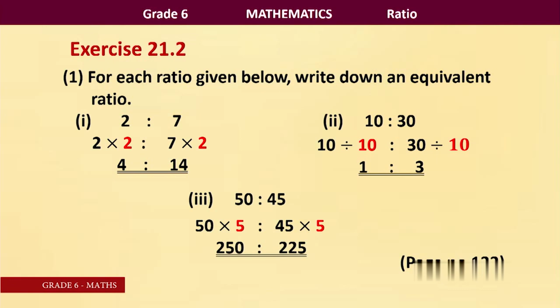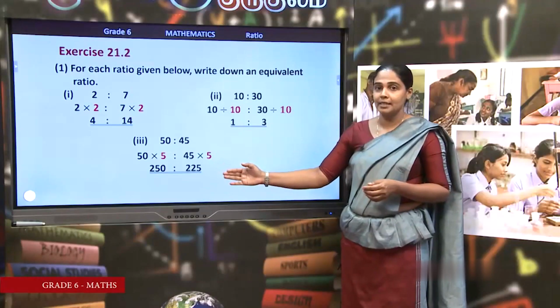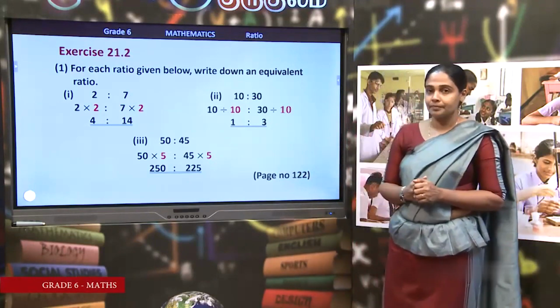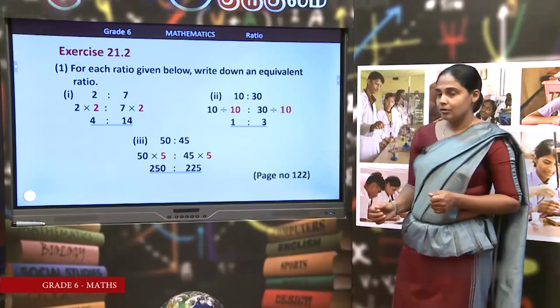But my dear kids, here you can use division because 50 and 45 are divisible by 5. If you are dividing by 5, what is your answer? 50 divided by 5 is 10. 45 divided by 5 is 9. Then 10 to 9 is the simplest form. Now, let's go to another slide.